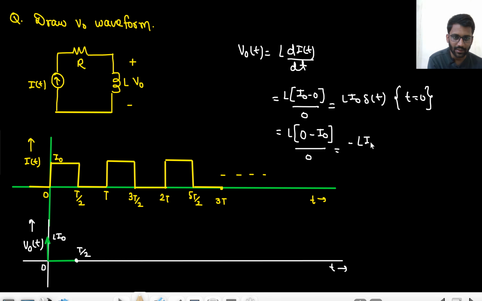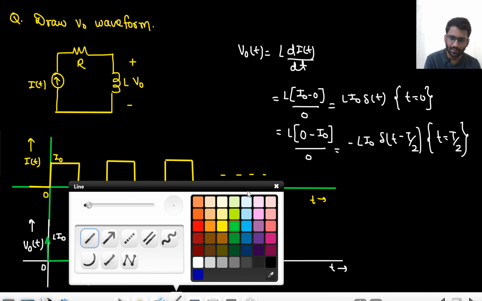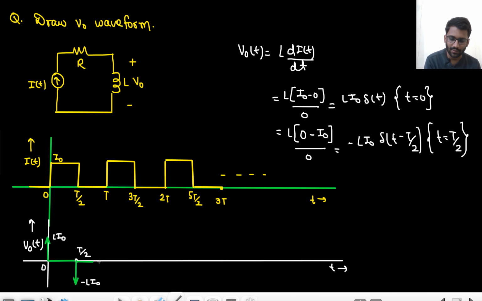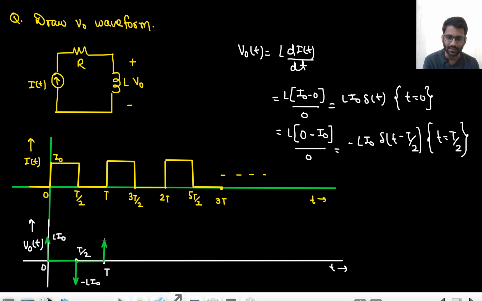So that is minus L I naught delta t minus t by 2, at t equals t by 2, right? So a negative impulse will be there, that is minus L I naught. Then again 0. Then the same thing happens at t, a positive impulse. So there will be these impulses.